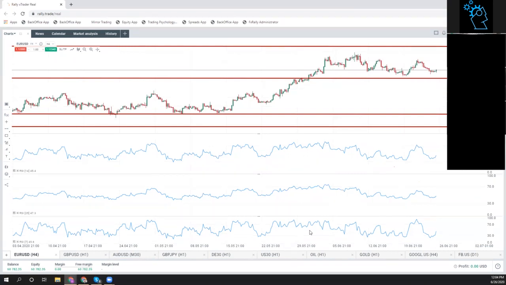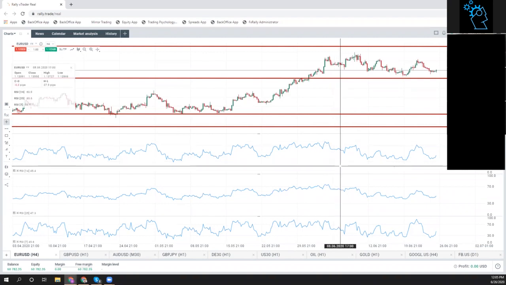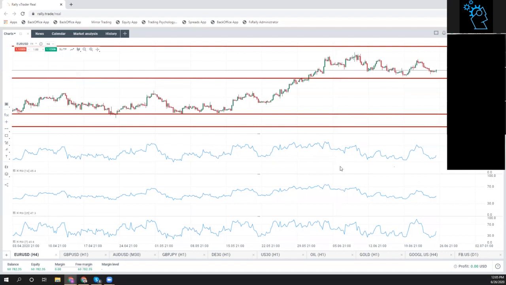You will see that it moves a lot and it is quite aggressive in its turnings and also reaches higher levels. If you go higher than the 14, then the RSI smoothes out and the levels it reaches are smaller than the 7 RSI.